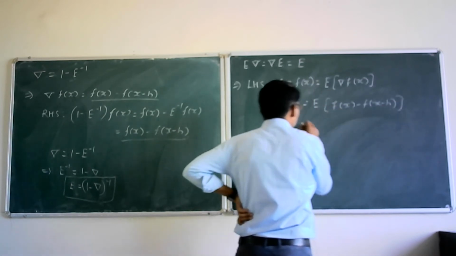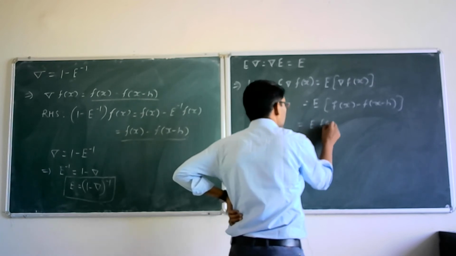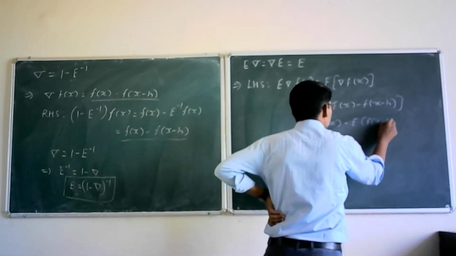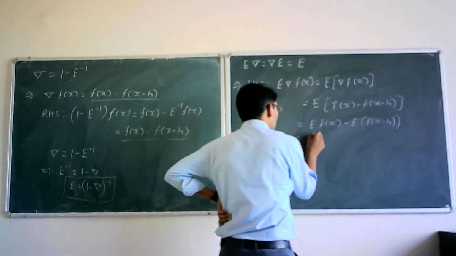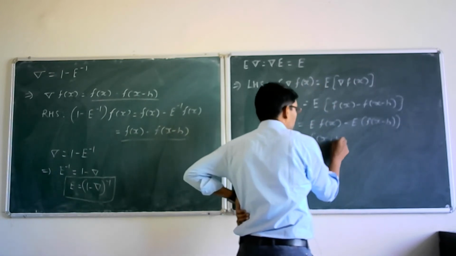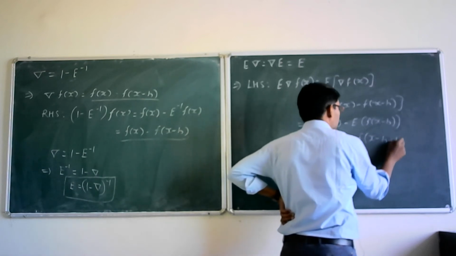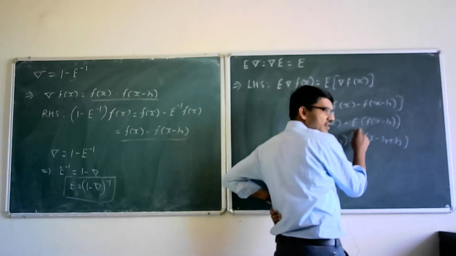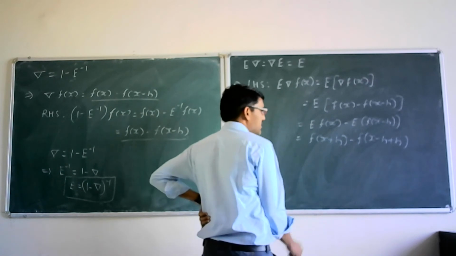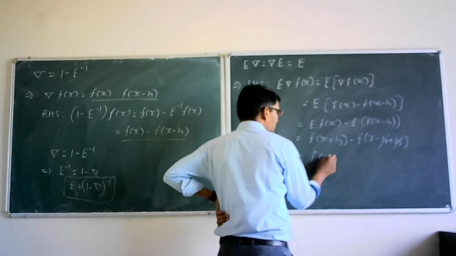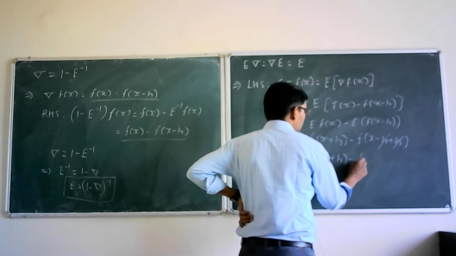So E del f of x is equal to E f of x minus E f of x minus h. Okay, so this is equal to f of x plus h minus f of x minus h plus h. If you apply E, then it shifts by h. So this h will get cancelled. You will get f of x plus h minus f of x.